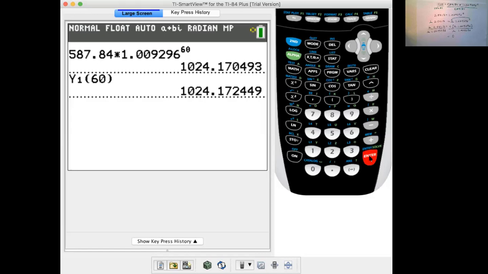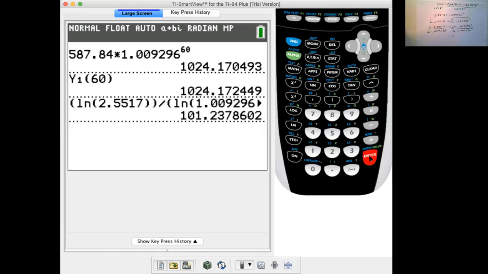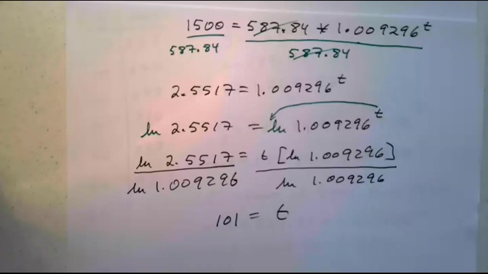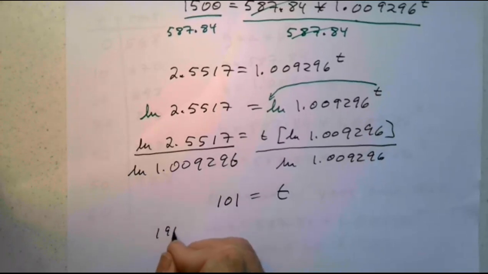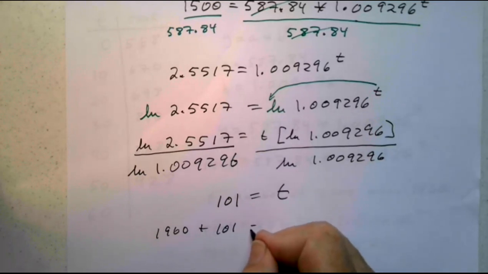And what do I get? 101. T is about 101. So that makes me think a little bit. Remember, that's years since 1960. So 1960 plus 101 is 2061.